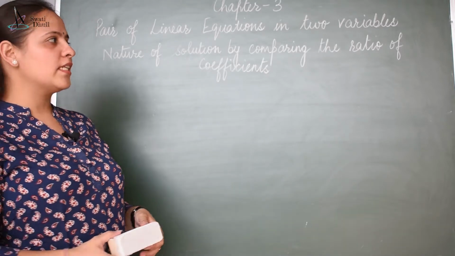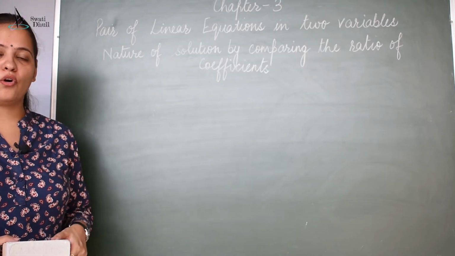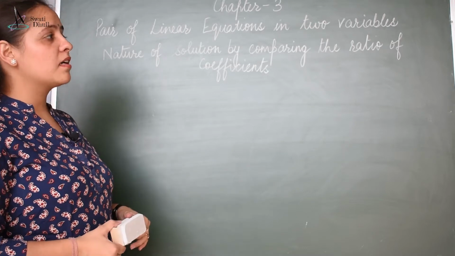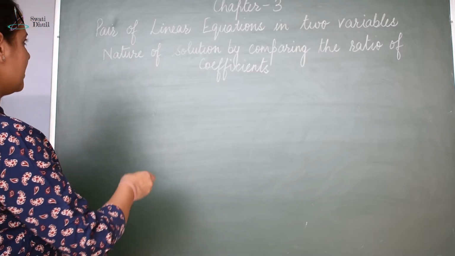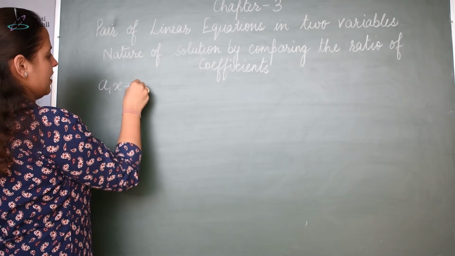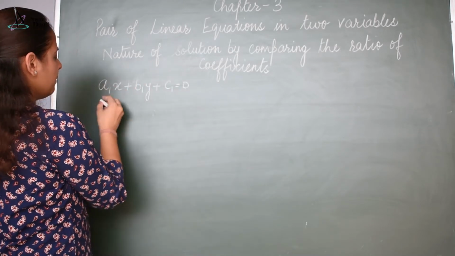Today we are going to discuss how to find the nature of the solution of the linear equations in two variables by comparing the ratio of the coefficients. Let us take the pair of linear equations as a1x plus b1y plus c1 is equal to 0.